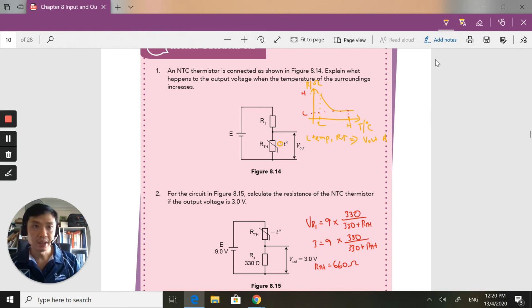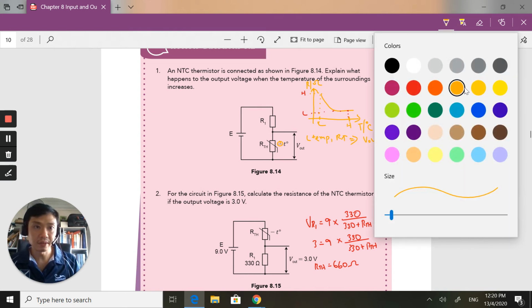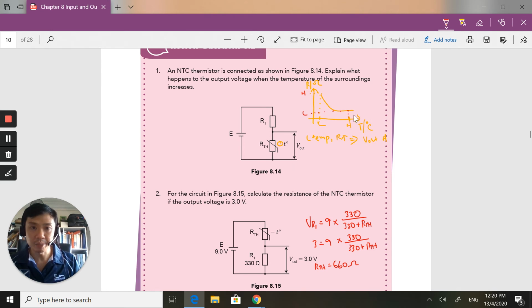And at high temperatures, the resistance is going to be low. So at high temperature, the resistance is going to be low, and this means the potential difference across a lower resistance is going to be low as well.